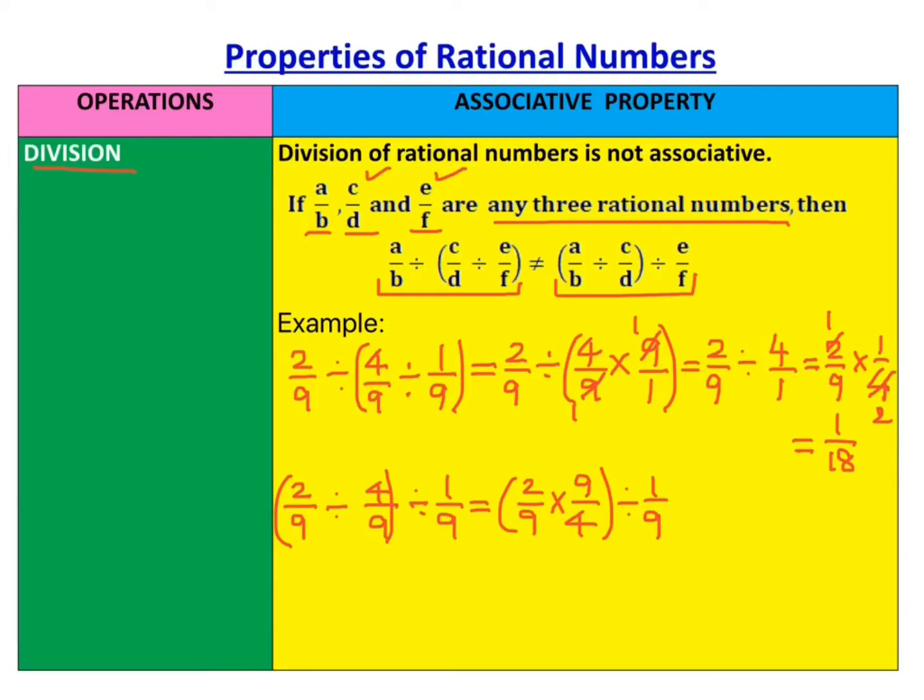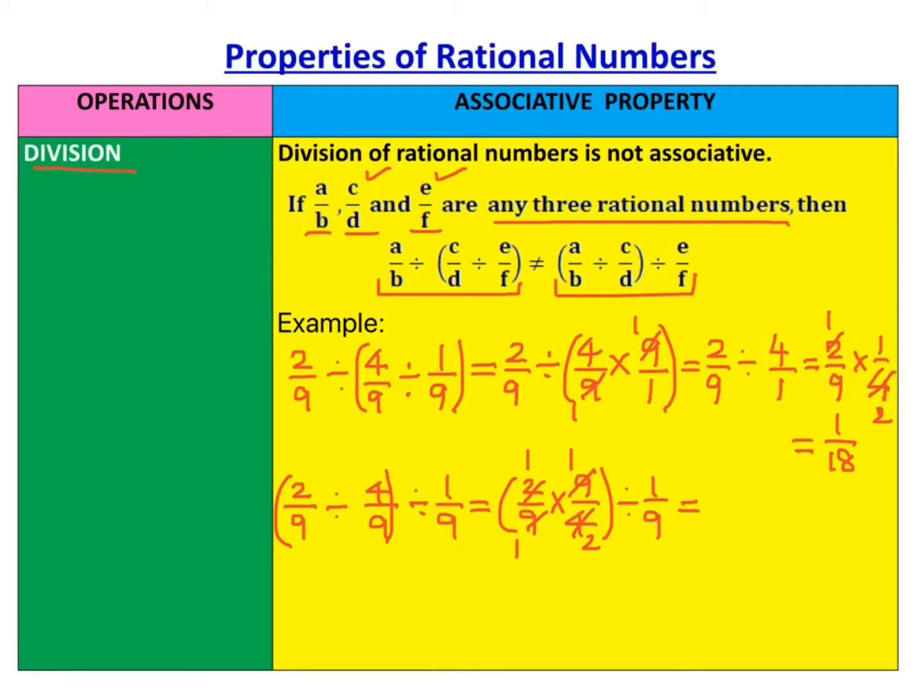Now inside the bracket we have 9 as the common factor. So let's cancel it. 9 times 1 is 9, 9 times 1 is 9. And 2 and 4 also have 2 as common factor. Let's cancel it. 2 times 1 is 2, 2 times 2 is 4.